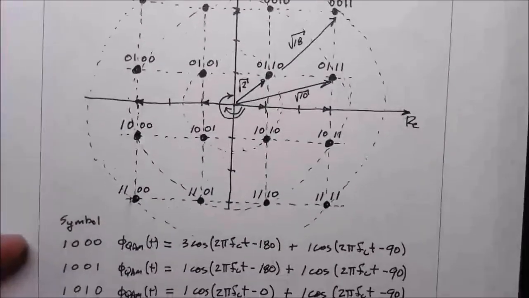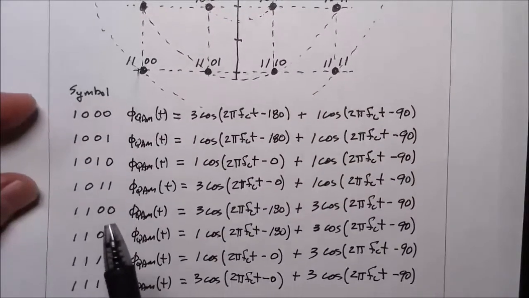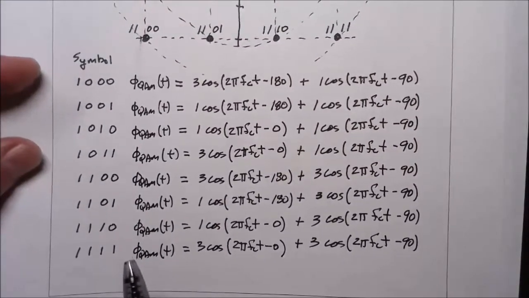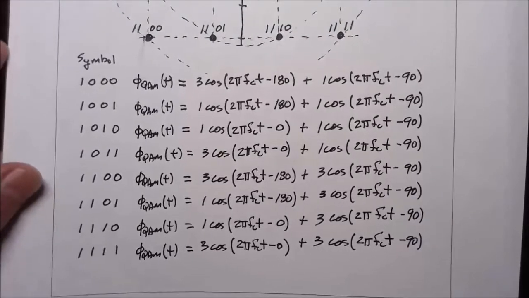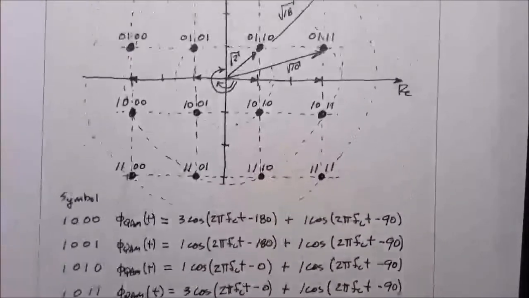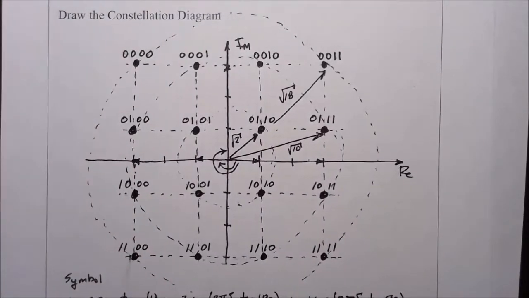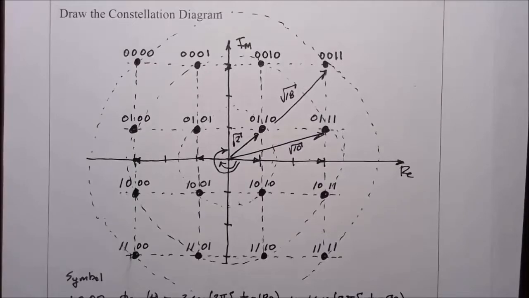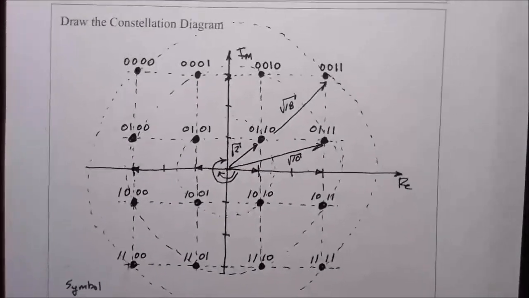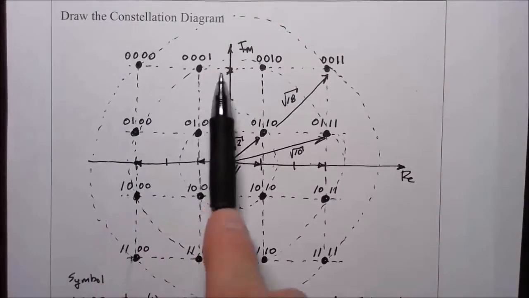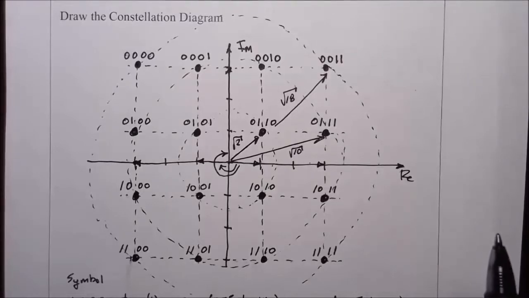And here symbols 8, 9, 10, 11, 12, 13, 14, and 15, and you can look through them at your convenience. And this is the 16 symbol constellation diagram with all 16 of the symbols at an individual point in the constellation diagram.